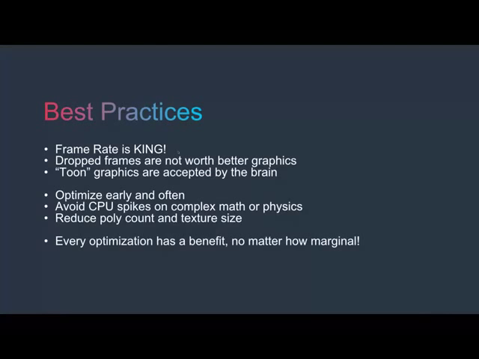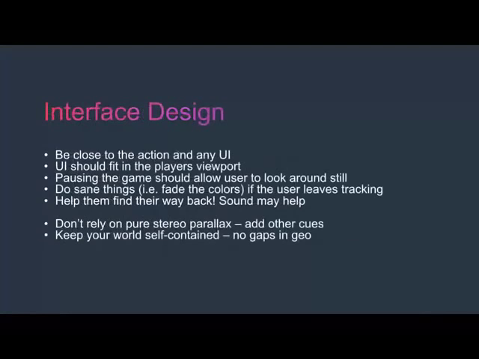That's huge, but if you've been working in mobile, you already know about that. Again, reduce poly count and texture sizes. I would err on the side of optimizing early rather than waiting till the end of your project and then seeing where performance is lagging, because it might impact a whole pipeline of art that you've already created.